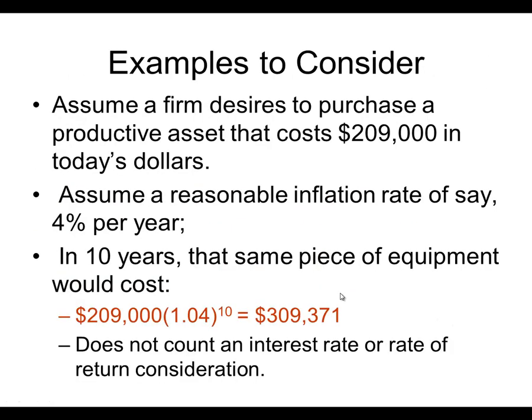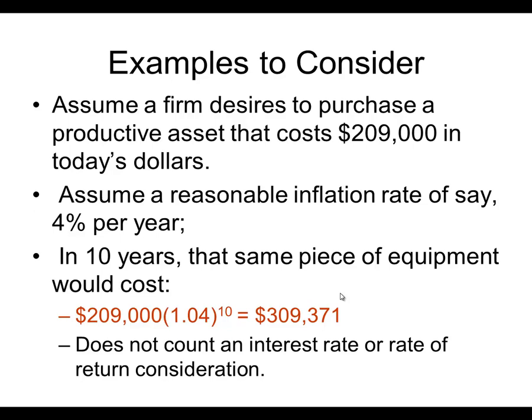Let's look at the following example. A firm would like to purchase a productive asset that costs $209,000 in today's dollars. If the inflation rate is 4% per year, what will be the cost of the same piece of equipment 10 years from now?